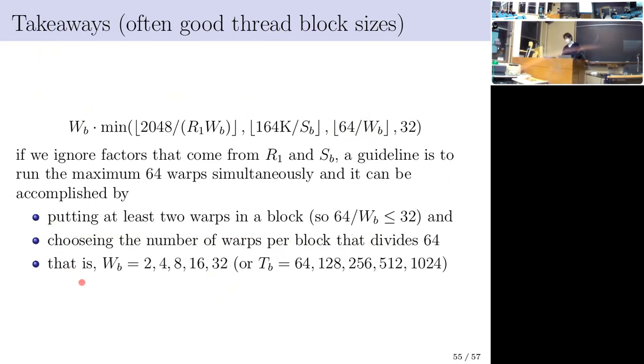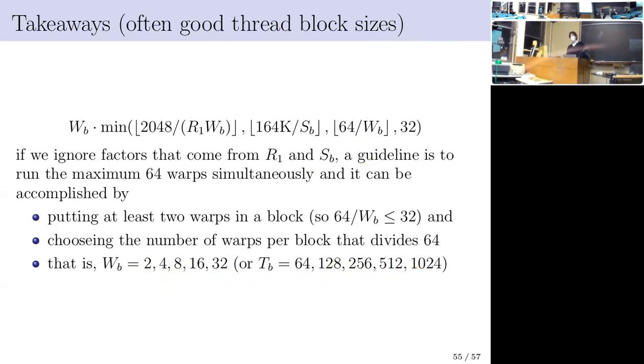So combined, often good numbers are like this. In terms of the number of warps per block, it's going to be 2, 4, 8, 16, 32, which divide 64 precisely, right? When you translate it into the thread block size, the number of threads per block, it's going to be 2 multiplied by 32, which is 64. So 64, 128, 256, 512, and 1024.